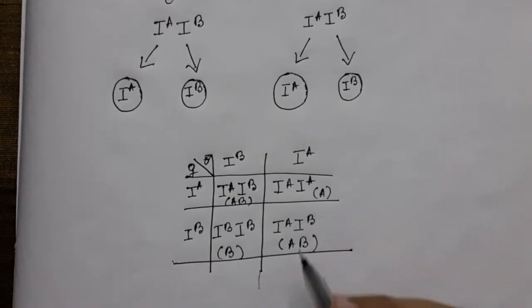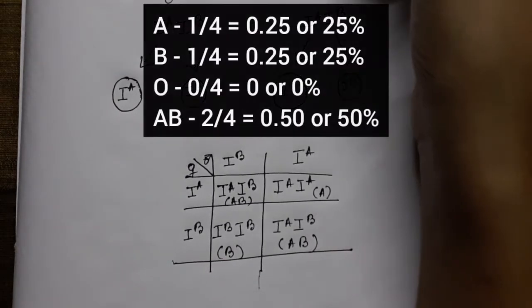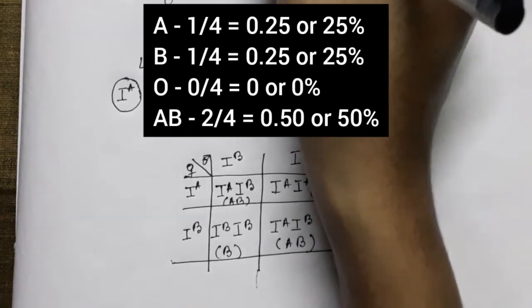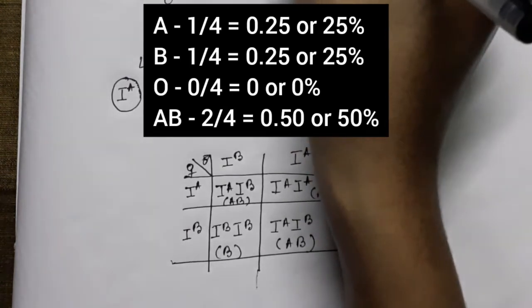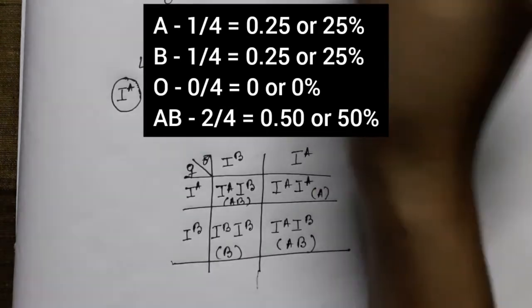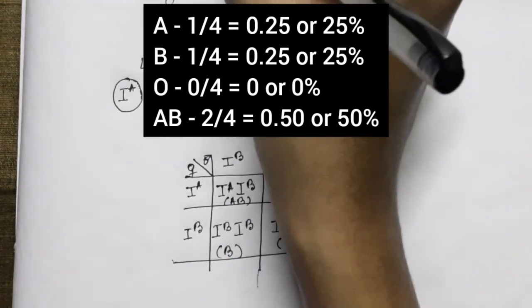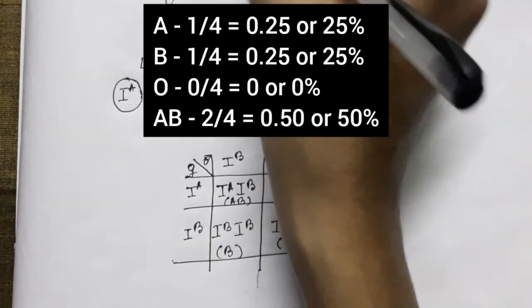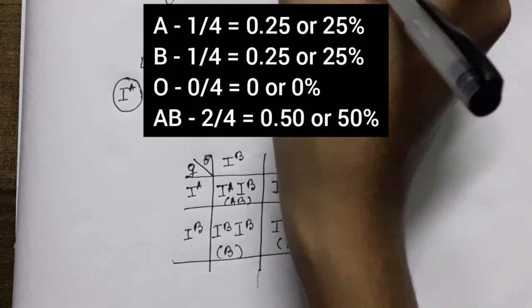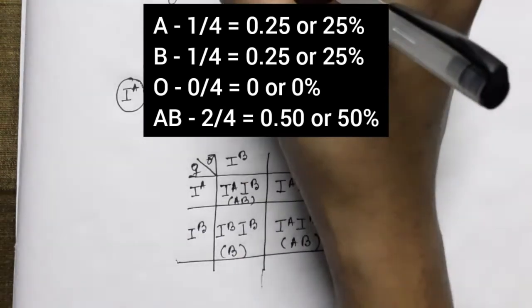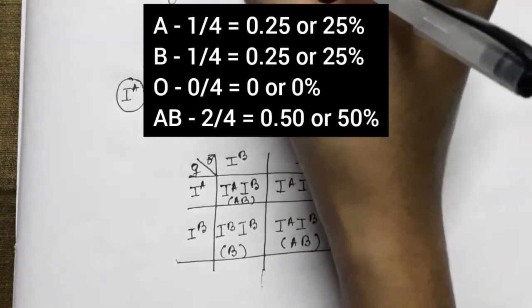So, out of 4, how many have A group? We have 1 out of 4, which is equal to 25% of offspring will have A blood group. We also have 1 B blood group offspring out of 4. Hence, 25% of the offspring will have B blood group. O blood group is not present here.